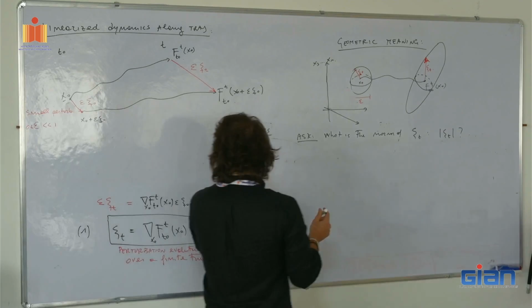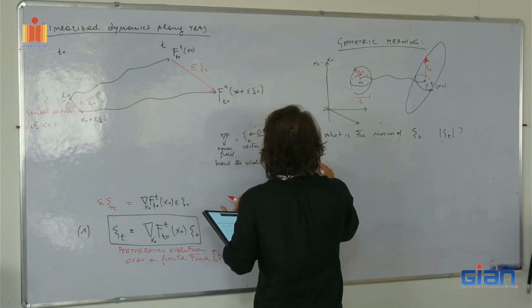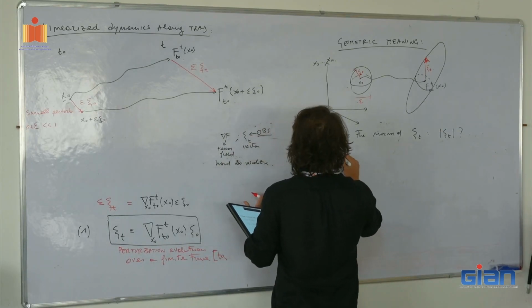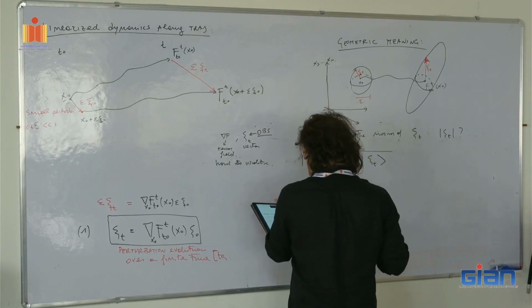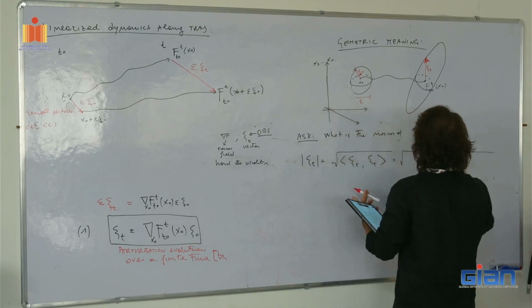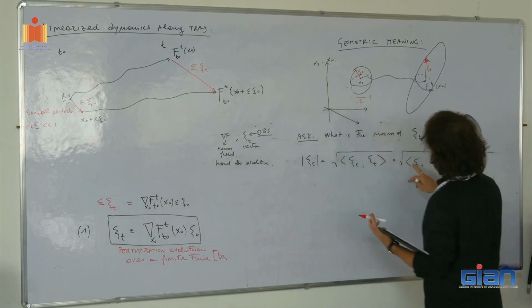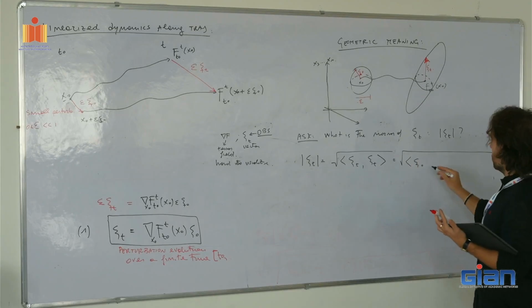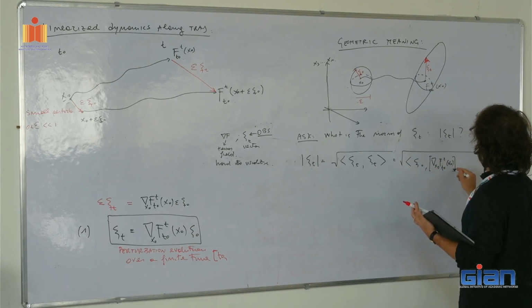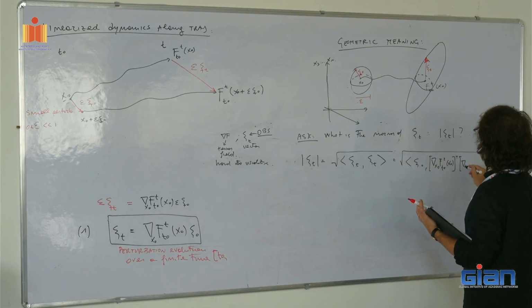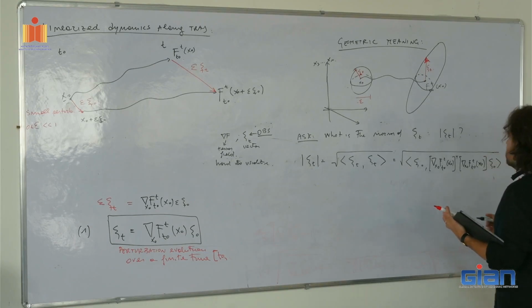So the norm of zeta t is just the square root of the dot product. So this is zeta t, and this is equal to zeta 0, this would be dF zeta 0, but I'm going to just do dF transpose zeta 0. That's the norm.